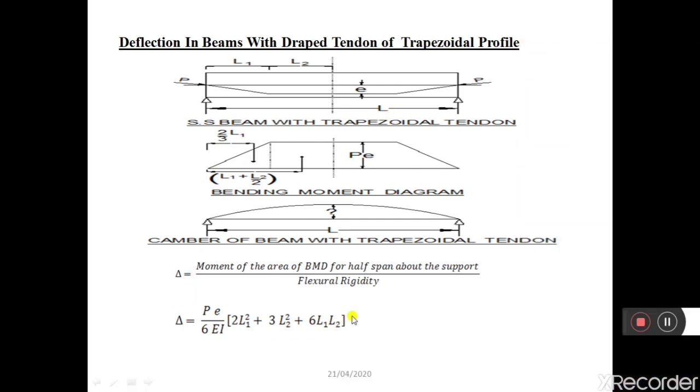This is the equation you should remember to calculate the deflection of a beam provided with a trapezoidal cable profile. If it is difficult to remember this equation, then remember the ratio: delta is equal to the moment of area of the BMD for half span about the support divided by flexural rigidity.